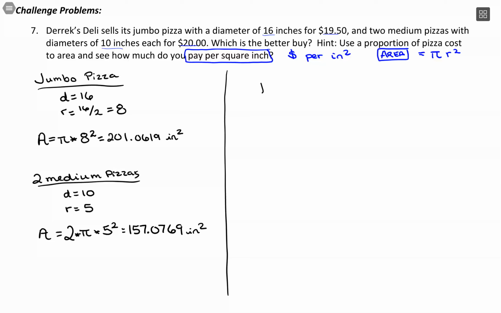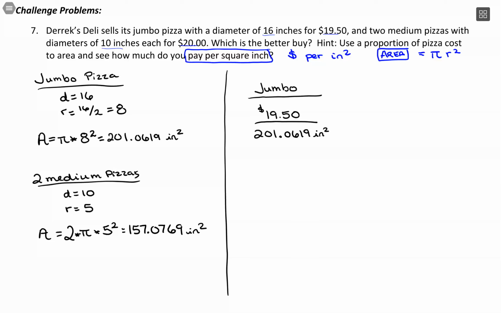So what we're going to do is look at the rate of price per square inch. So for jumbo pizza, we're going to make a fraction where in the numerator, that'll be our dollar amount, which in this case is $19.50. And then I'll go ahead and keep the units attached there, and then divided by the area of 201.0619 square inches.